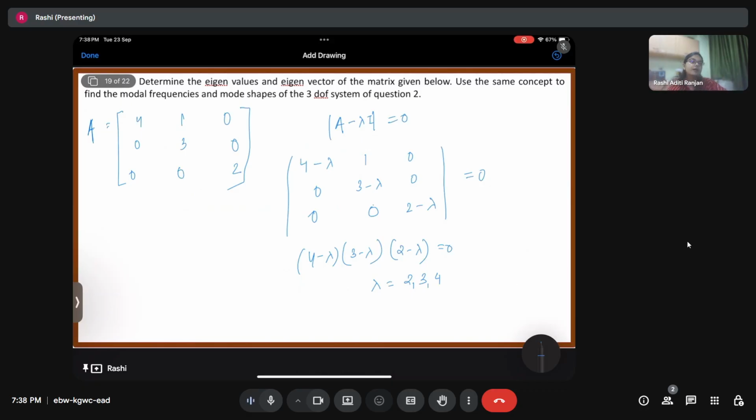In order to find the eigenvectors, they satisfy (A minus lambda I) into x is equal to 0. This is what the eigenvectors satisfy. So if I find out A minus lambda I, then I can find out the values of x.